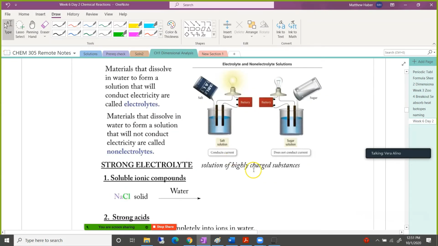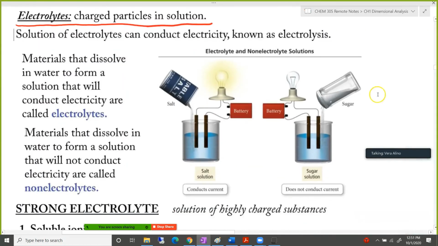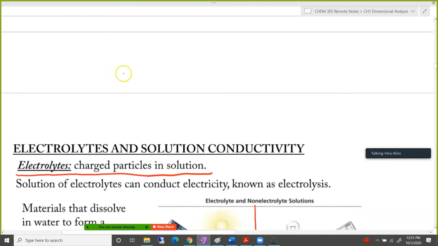Take a look at this drawing that I have here on the screen. You have 2 different setups. You have a beaker and a source of battery. If you guys are aware of how electricity works, you're going to need a simple battery, and then I'm going to tap this in here, and then I'm going to have another wire.